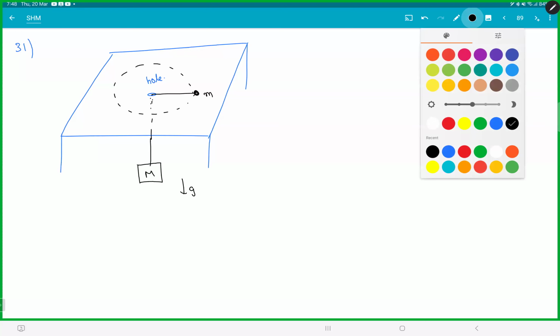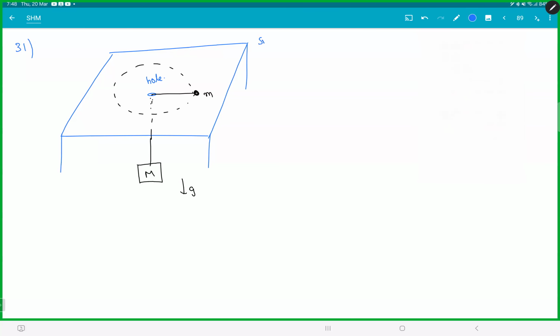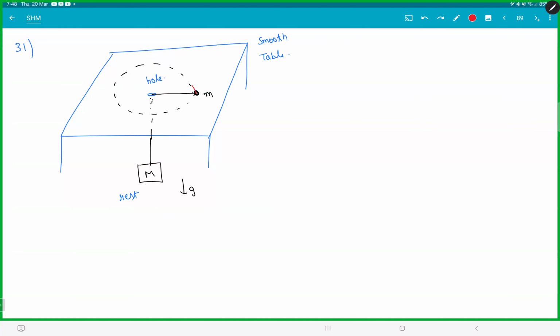You're getting it? This is a smooth table. So initially this block is at rest. So basically when this guy is rotating, this centrifugal force is balancing this weight, isn't it? This guy is traveling with some speed. We don't know how much, but it is going in a circle.